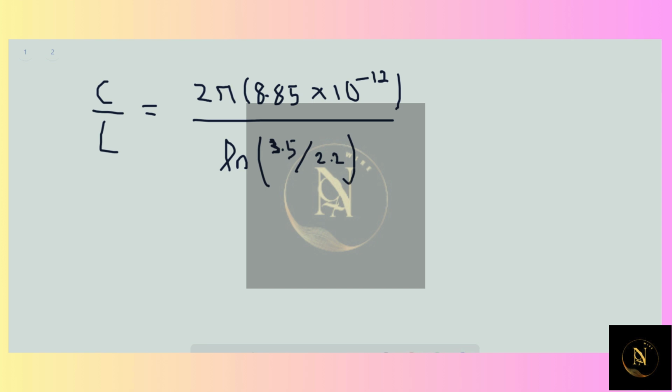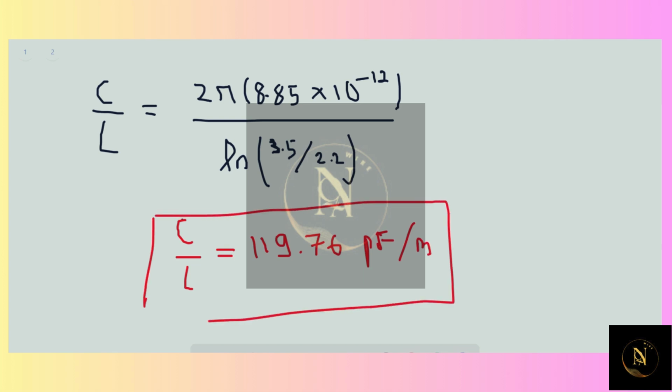If you do the calculation, you find that the capacitance per unit length for the given cylindrical capacitor comes out to be 119.76 picofarad per meter. Good, so we have found the first part.